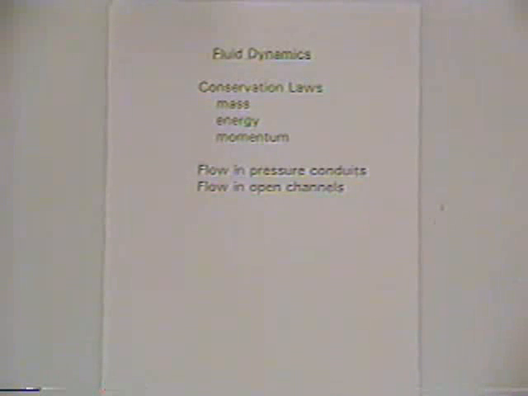Open channels means that there's a surface, if you've got a liquid, with a surface at atmospheric pressure. We'll focus primarily on flow in pressure conduits. There's one equation given in the reference manual, which we'll want to be sure to get to a little later as we go, that deals with open channels.